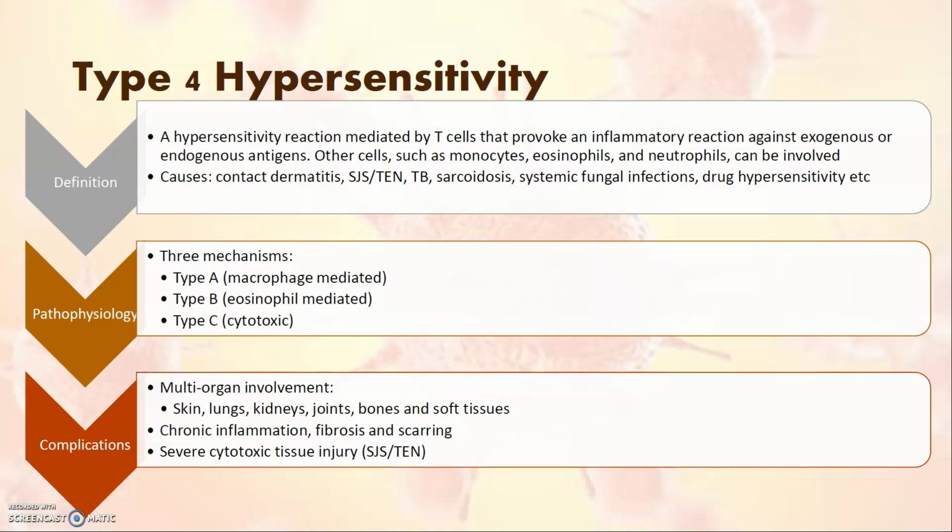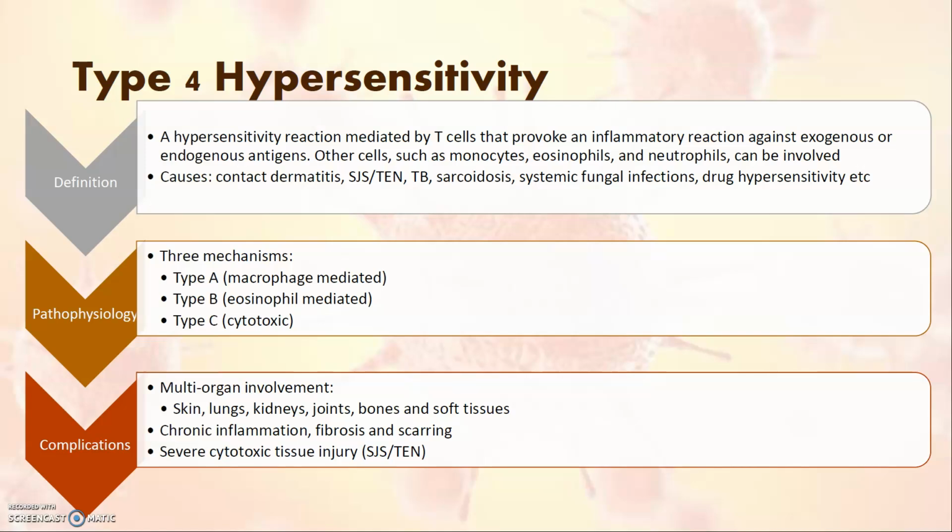So type A is macrophage mediated, whereas type B is eosinophil mediated, and type C is cytotoxic. And each of these produces a slightly different clinical picture. So toxic epidermal necrolysis, for example, tends to be cytotoxic in nature, and that's why the tissues are damaged, whereas the granulomatous diseases tend to be more macrophage mediated.